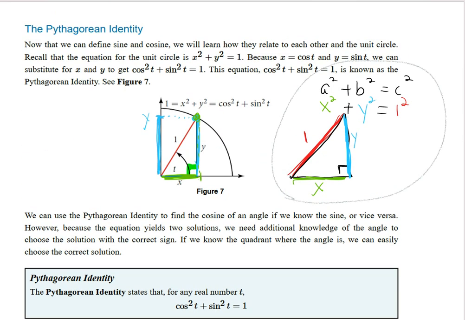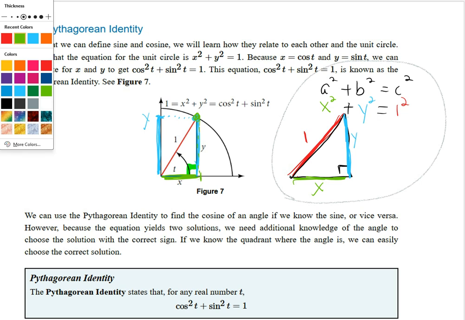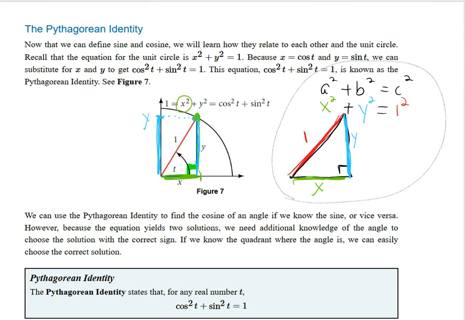So they replace the x squared right here with cosine squared, and the y squared with sine squared of t, and it still equals the 1 which they have over here.